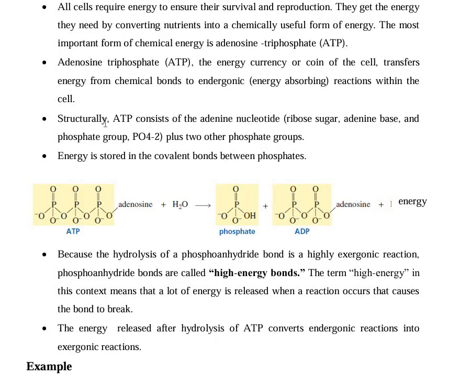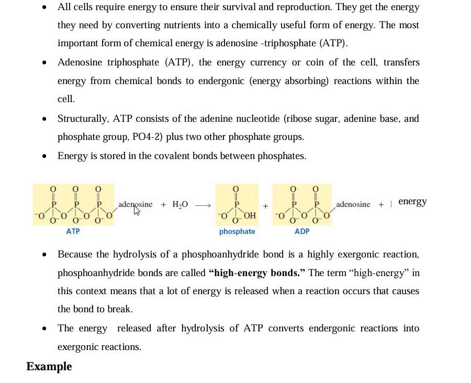Structurally, ATP consists of the adenine nucleotide: ribose sugar, adenine base, and a phosphate group PO4 2 minus plus two other phosphate groups. Energy is stored in the covalent bonds between phosphates.